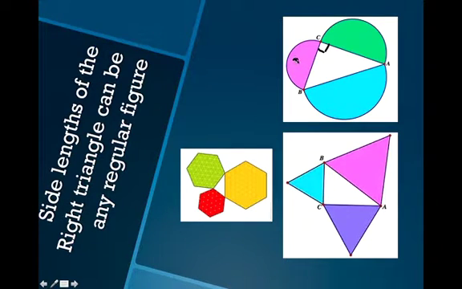If you take the area of the semicircle off of that leg, and the area of the semicircle off of that leg, and add those areas together, those areas will equal the area of the semicircle off of the hypotenuse, as long as you have a regular figure. So these would have to be equilateral triangles. And if you take those areas and add them together, it will give you the area of the equilateral triangle off of the hypotenuse.